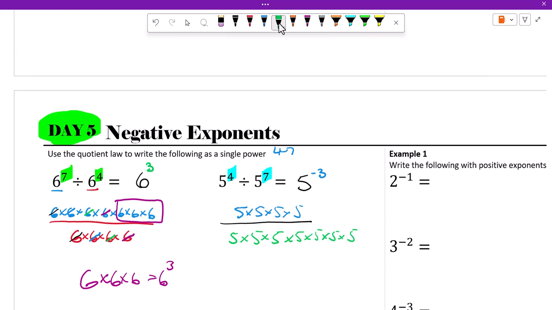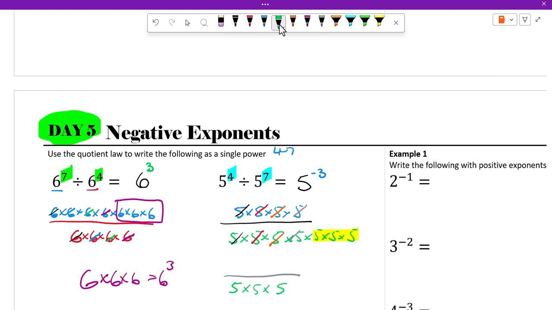A factor on the top can cancel a factor on the bottom. So this 5 here can cancel this 5 there, and so on for all four. And what we're left with on the bottom is 3 fives.